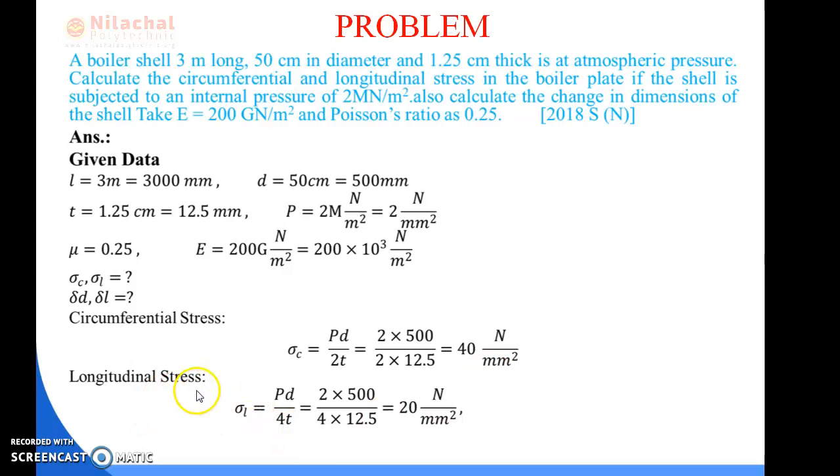Now longitudinal stress is equal to PD by 4T. So P as 2, D as 500, T as 12.5. Now we are getting the value of longitudinal stress as 20 Newton per mm square.